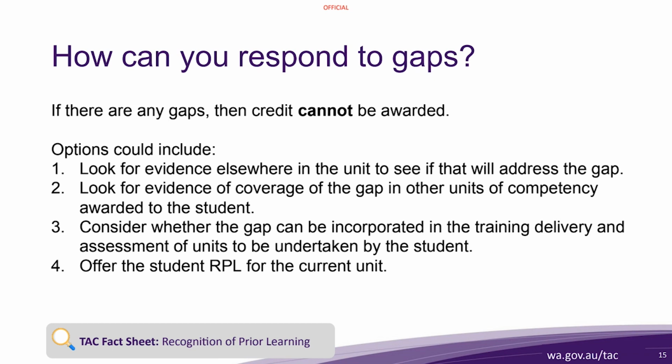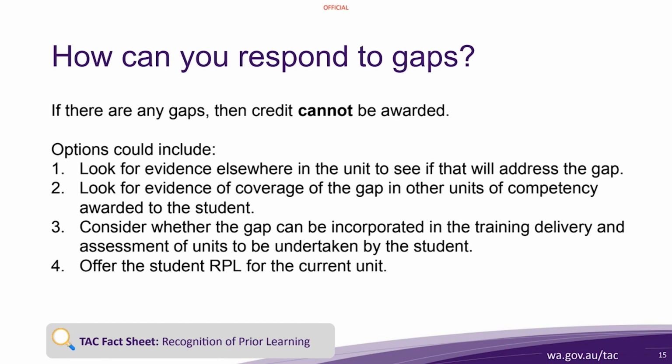There is a fact sheet that you can go to, the TAC fact sheet on recognition of prior learning. That is, of course, a fallback position that you can take if the individual has a unit of competency and there is no way in which the gaps can be addressed through any of strategies 1, 2, or 3 on this particular slide.